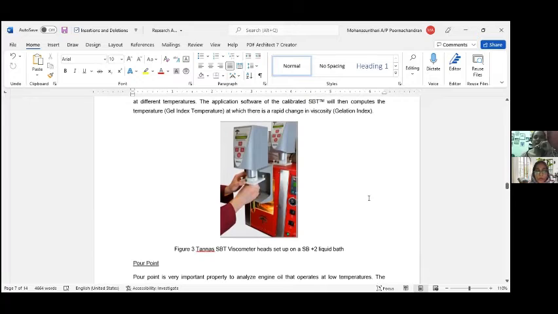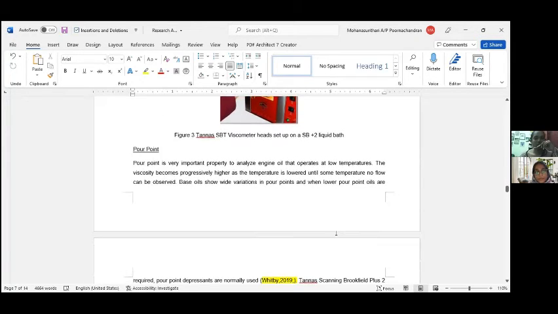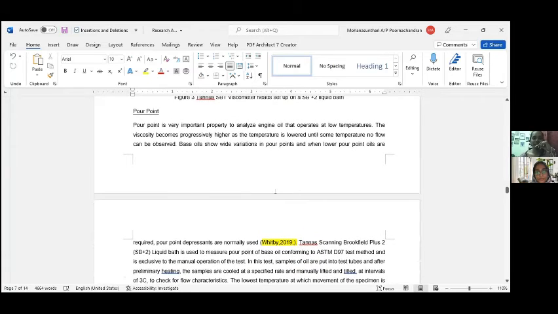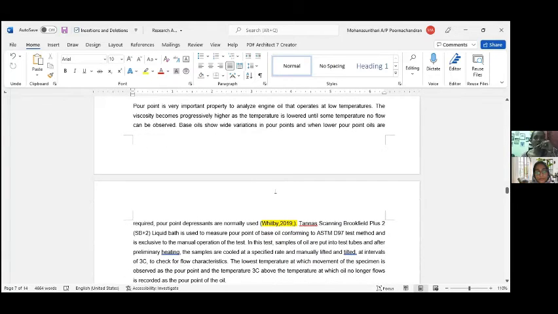So following on, the pour point. Yeah, the pour point is to analyze at what temperature the oil is not flowing. From there we will know whether we need to add additives to our oil, for example the pour point depressant.